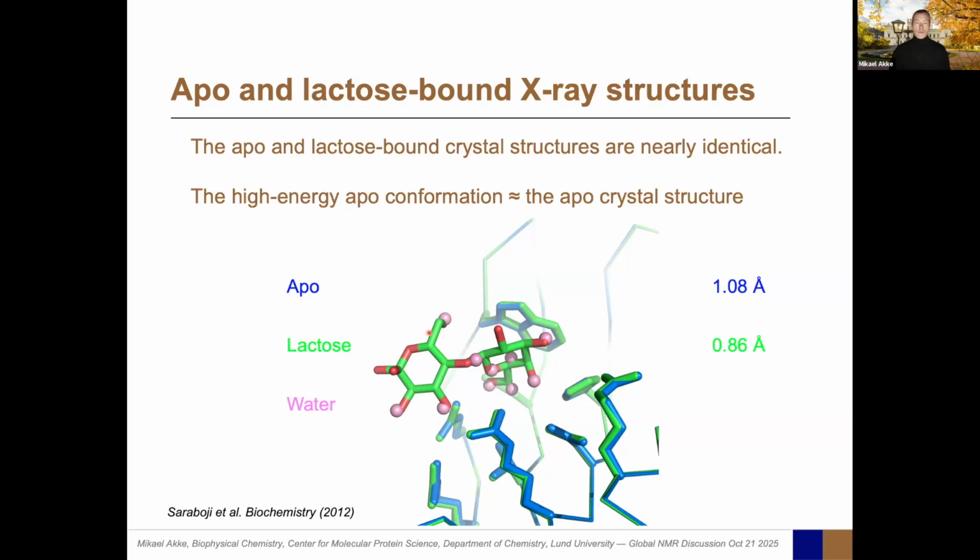And this is kind of a unique and accidental result that we see, that the high energy state in solution actually is the same as this state in the crystal. So that's a little serendipitous result.